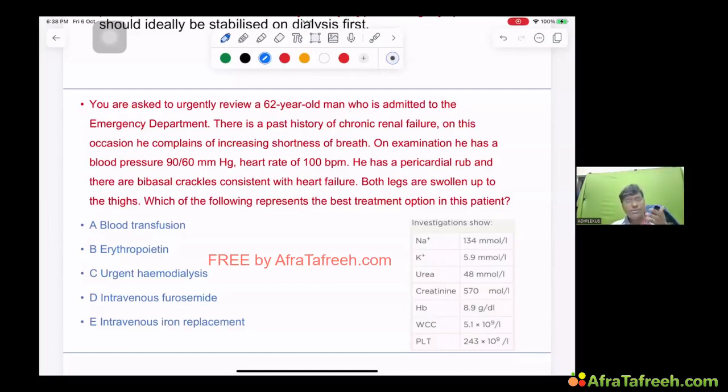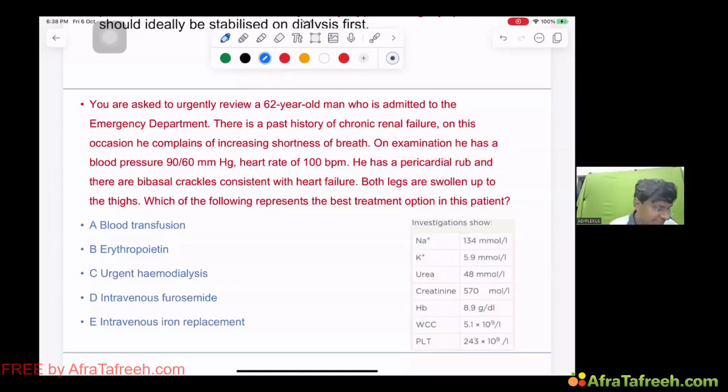So you see the patient's blood pressure is 90/60. With that blood pressure, if you take the patient to dialysis, the individual may develop significant hypotension. So first try to correct the pulmonary edema with limited doses of furosemide. Then you can plan for the hemodialysis.